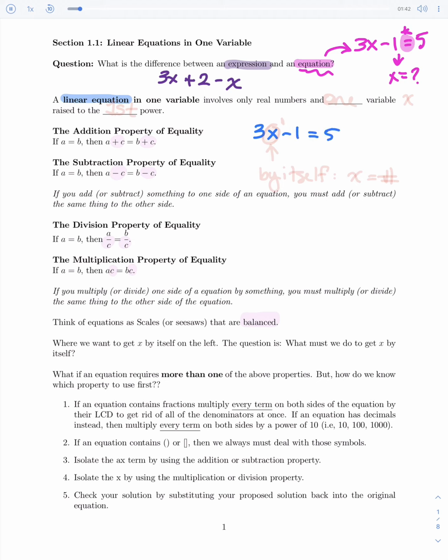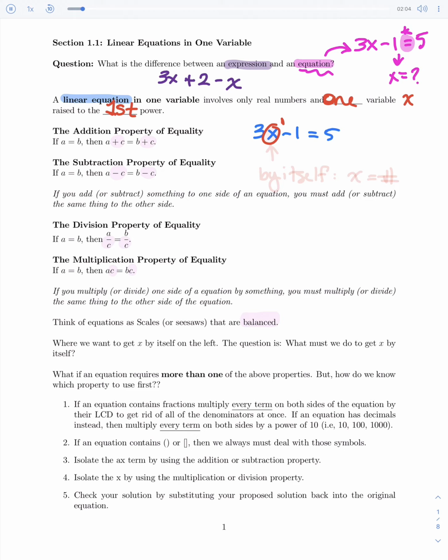Remember, if you don't see an exponent on our variable, like we don't here, it's a hidden 1. So we're only going to be looking at one variable, and we'll usually use the letter x, but we could use something else, and it's only going to be raised to the first power.